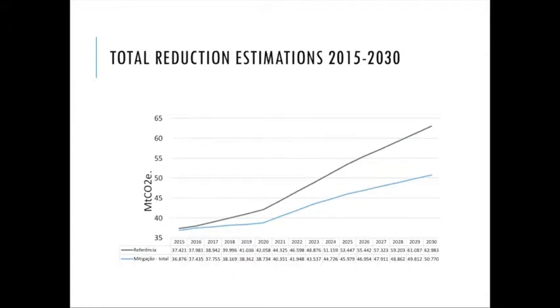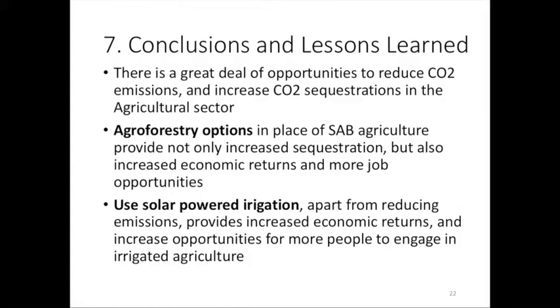And this is the estimation of total emission reductions prepared for the NDC in Mozambique, which, as I said, is in its final stage and is due to be submitted to the cabinet sometime next week.